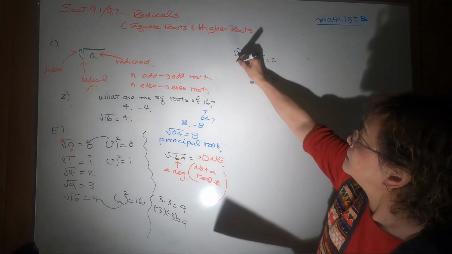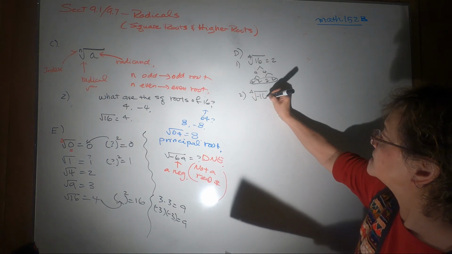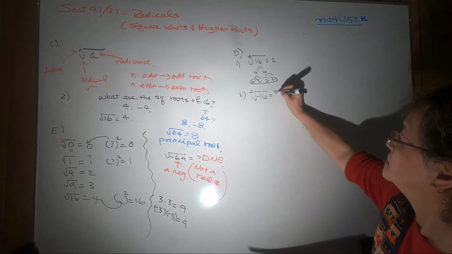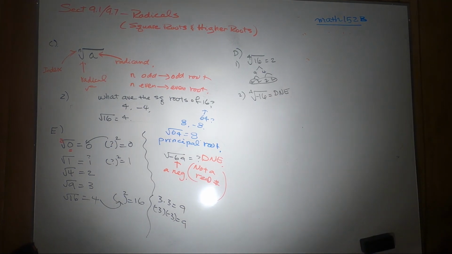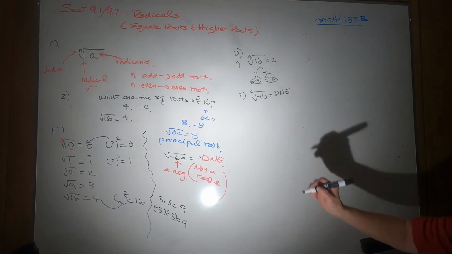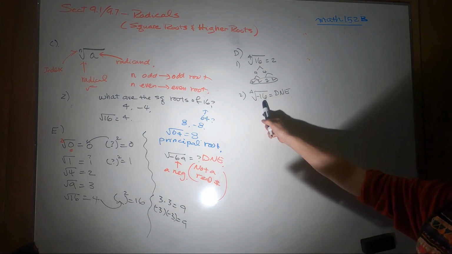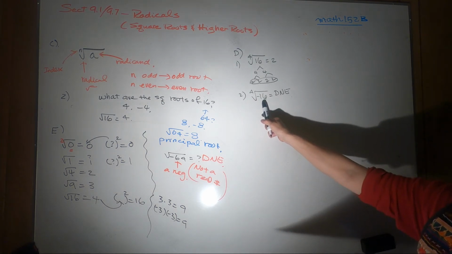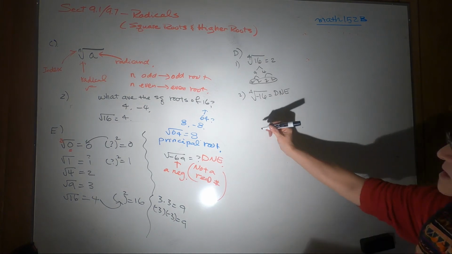Okay? Then, 4th root of negative 16, what do you think? Anything multiplied 4 times? No way, right? It will be positive. Same thing. As long as it's an even root, the inside has to be positive. If it's negative, it doesn't exist.